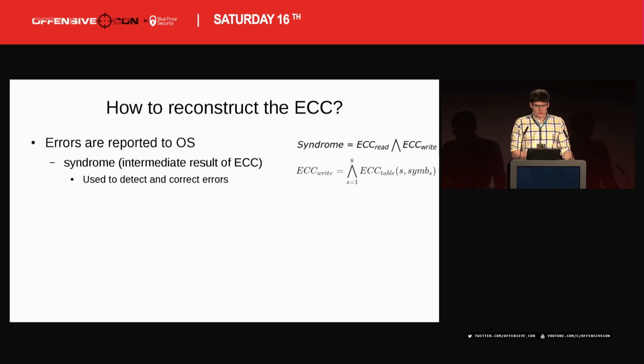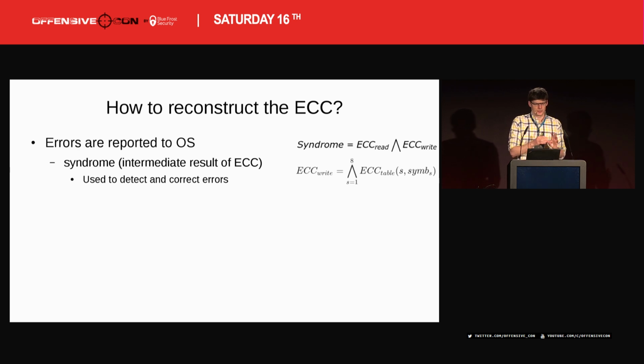Okay, so the question is, how do we reconstruct the ECC? I'm going to try to rephrase the previous slide because I think there were way too many things on it. Stated differently, for sure, the syndromes, so the intermediate results of ECC, are reported to the operating system. Now, this syndrome is also used to do error correction and detection, and we have some equations there.